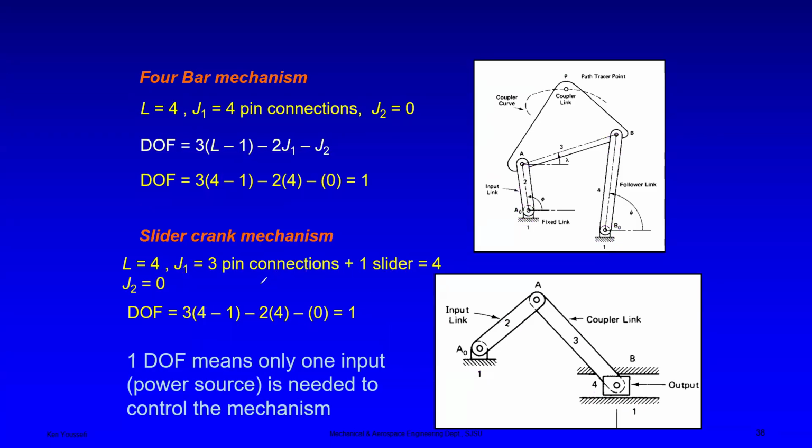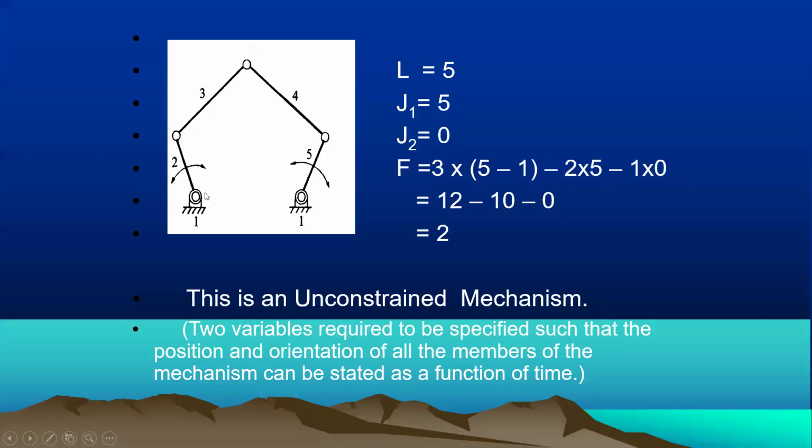Perfect. Now, let's also continue with more examples. So now let's look at this given example. In this example, we realize that we have our link 1, we have a link 2 right here. We have a link 3 right here. We have this link 4 and link 5, right?